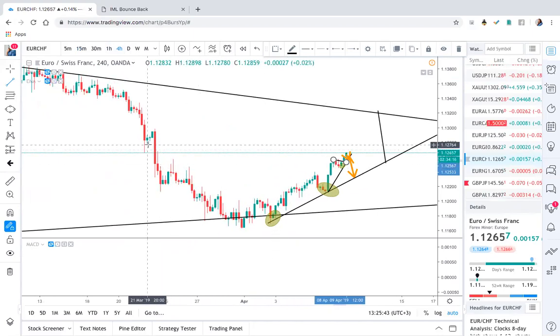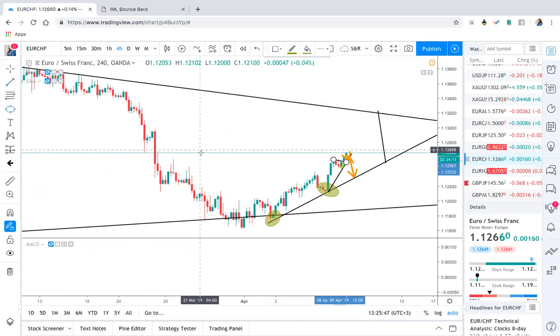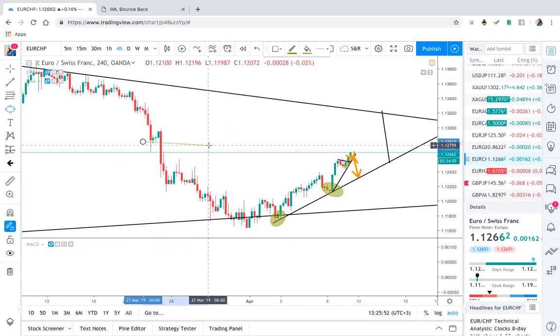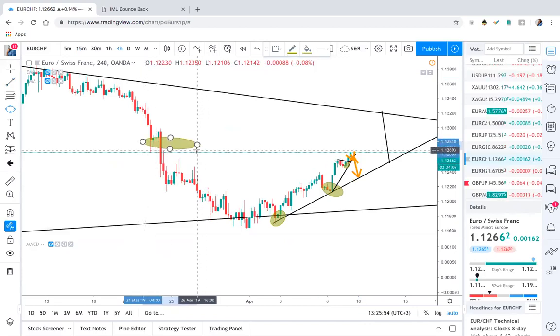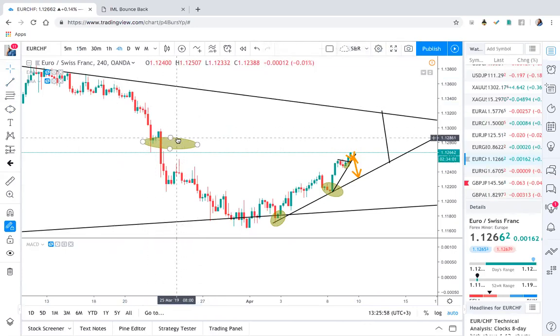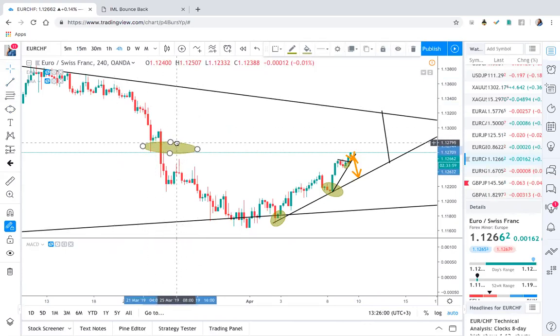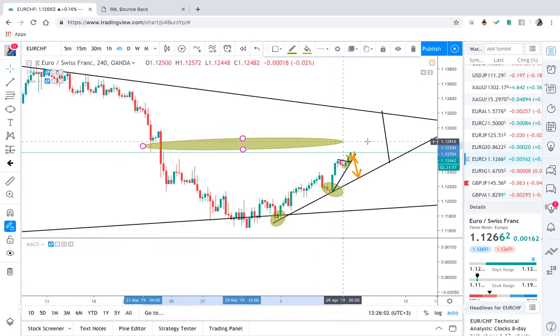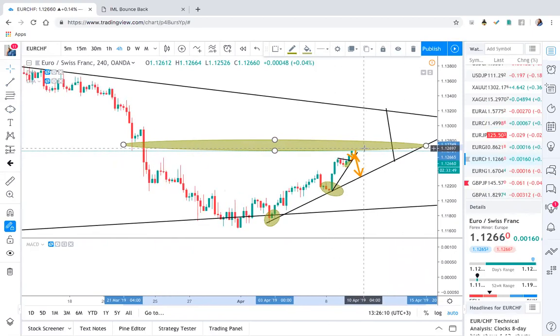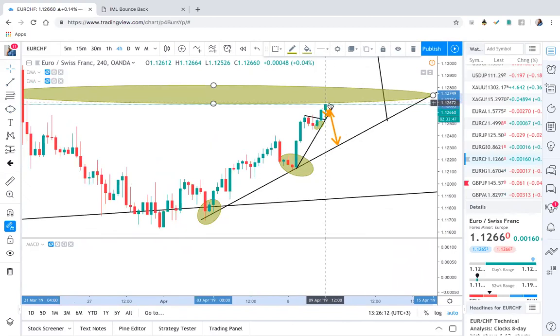So for example, if you look left here, anywhere from here to here would be where I would want to exit my trade. Right? So anywhere around here. So now we are actually getting into that resistance zone. We're actually now starting to get into that resistance zone out here.